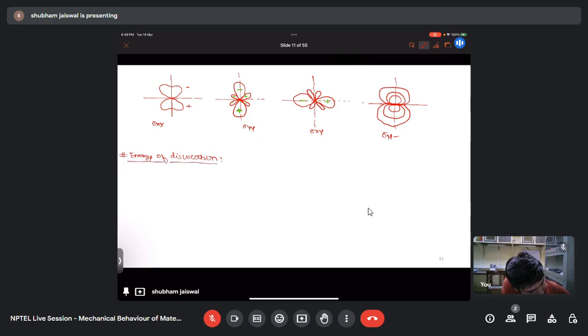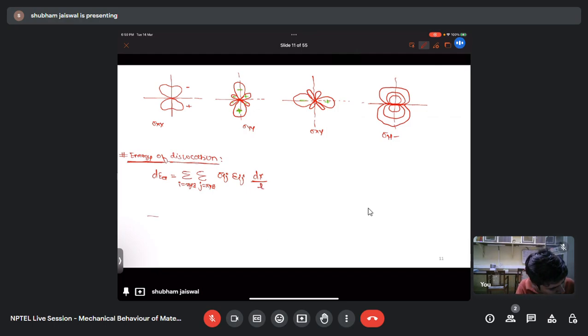So remember, forming a dislocation inside a crystal will be associated with some energy, and that energy of dislocation is given by the elastic energy: summation over i equal to x, y, z, j equal to x, y, z, of sigma ij epsilon ij into dV upon dl. This is the energy per unit length.